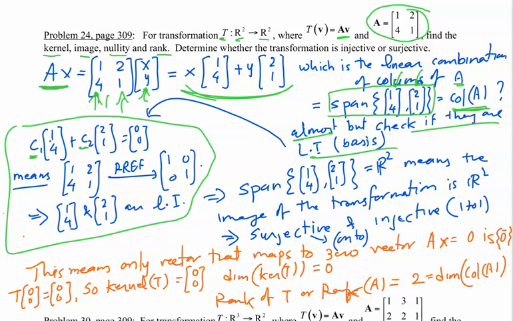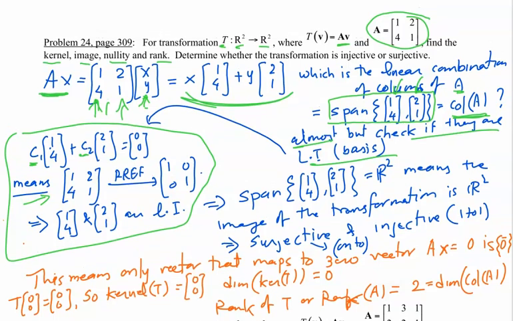So in other words, you can change that matrix into reduced row echelon form. If it comes out to be the identity matrix, or you have two different pivot columns, that means they are linearly independent.